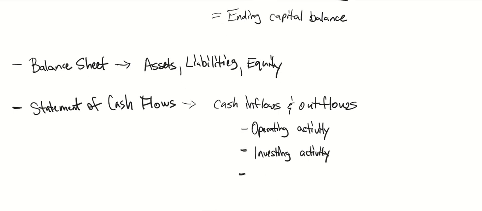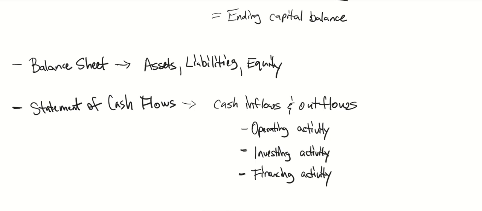Then we have the last section here, which is the financing activity section. And this is the last section, which shows the funds that you put into the business. Okay, so for example, as the owner, if you contribute cash into the business, you're funding or financing your business with that cash.